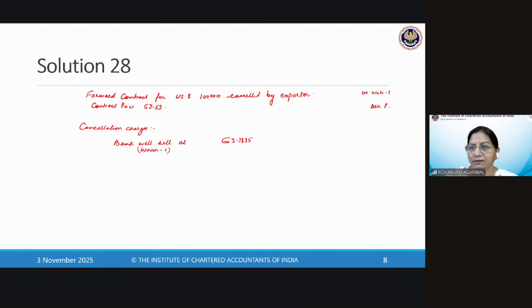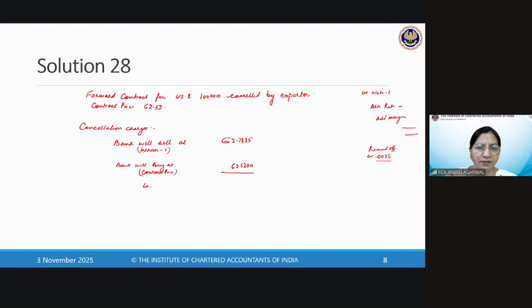Ask rate, add margin, round off in multiples of 0.0025. So 62.7825. Bank will buy at contract price 62.5200.